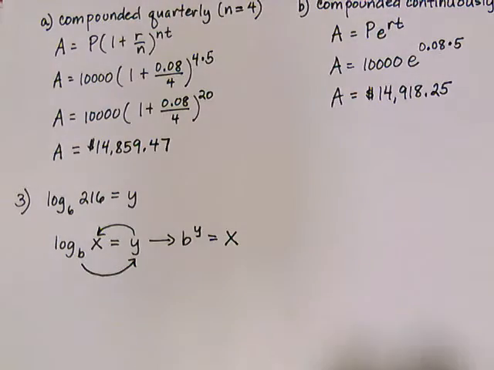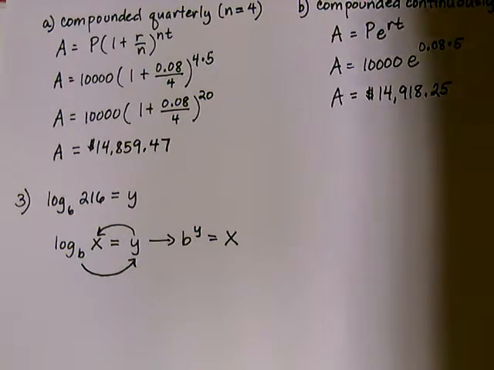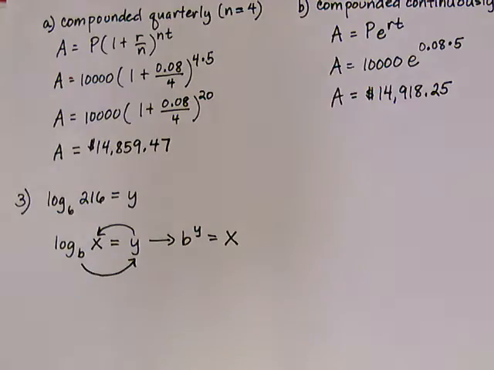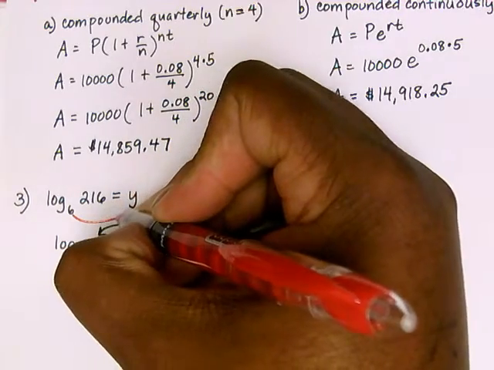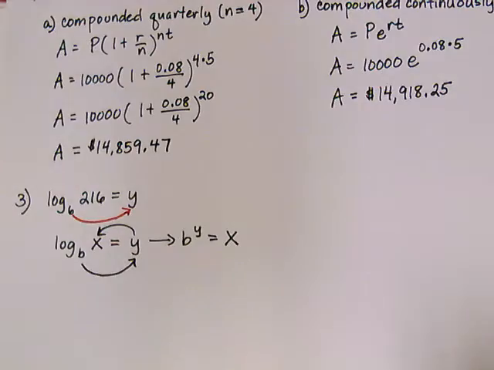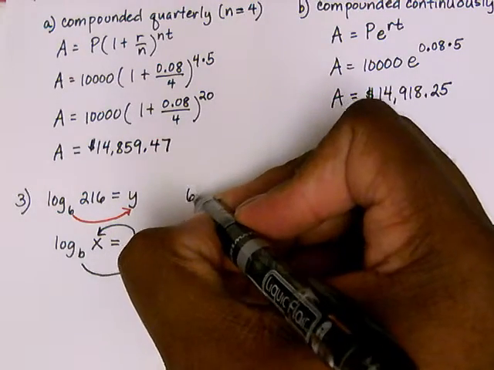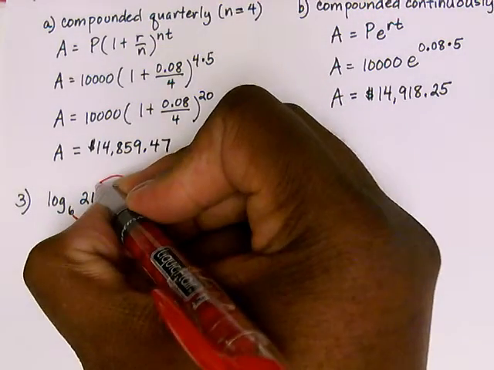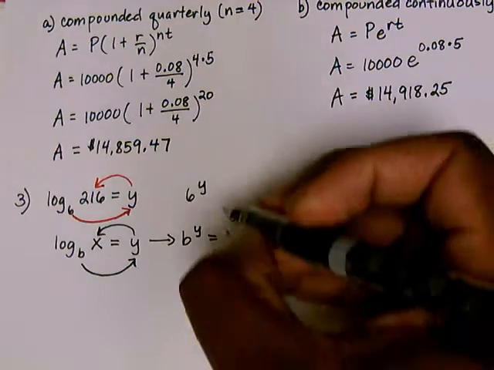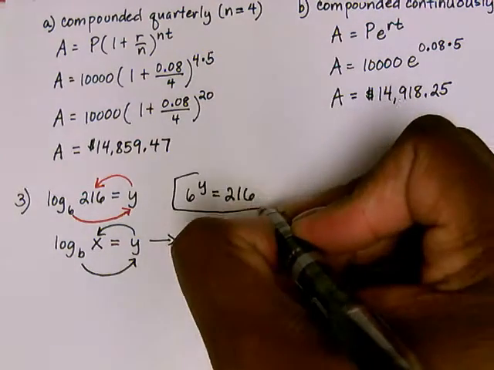The x is whatever is immediately after the log. I'm going to apply that rule to this particular problem here. So for log to the base 6 of 216, the 6 is the base, that's the subscript for the log. That y will become your exponent for that 6. So it'll be 6 to the power of y, and that has to equal whatever is immediately after the log, 216.